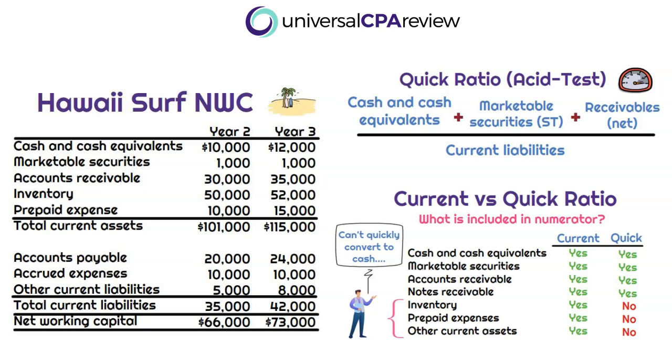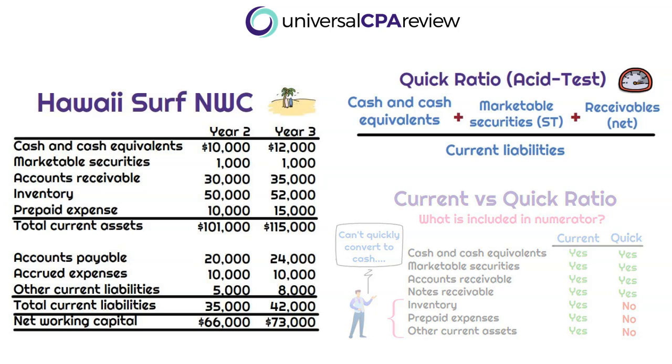So this is a more severe liquidity test because it only focuses on types of current assets that are more liquid, right? Things that we can convert to cash or already in cash to pay off those short-term liabilities, right? So if a company is wanting to understand how good their liquidity is, well, if they want to be more conservative, they would use the quick ratio rather than the current ratio.